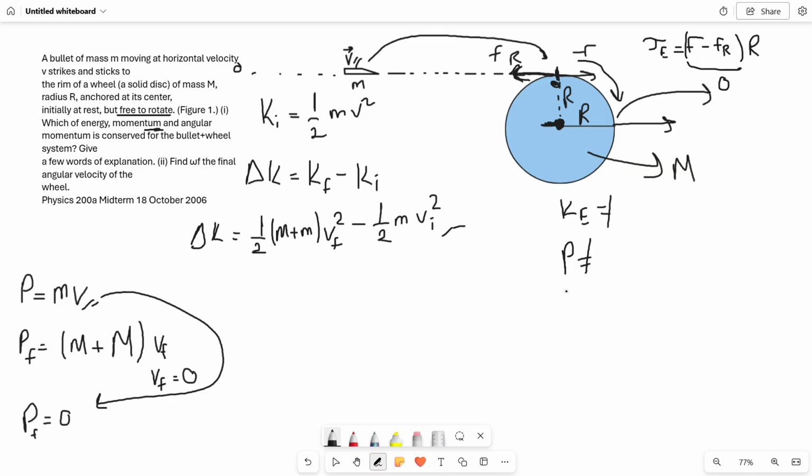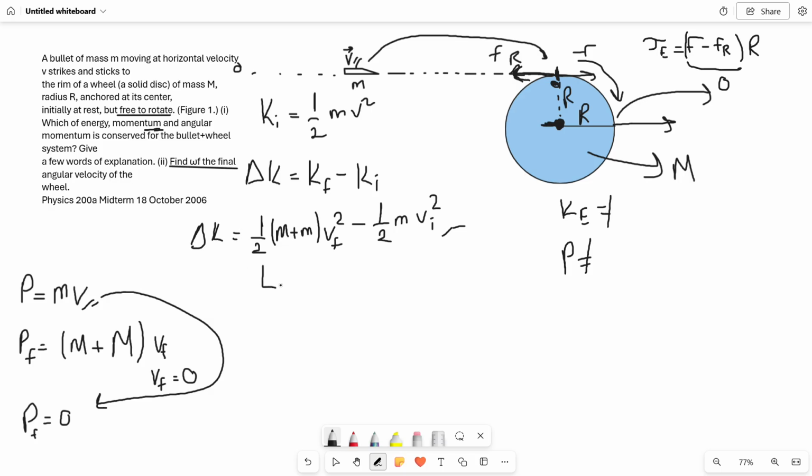Okay, we said that the angular momentum is conserved. But the question is asking us to find out what omega is and the final angular velocity.